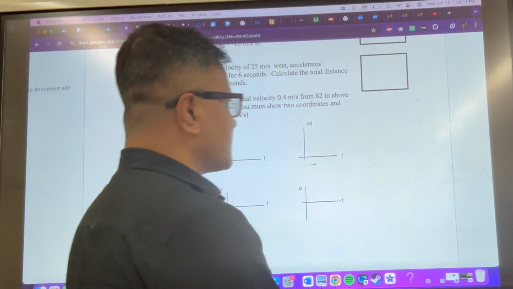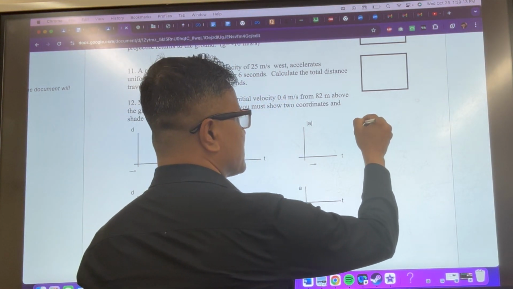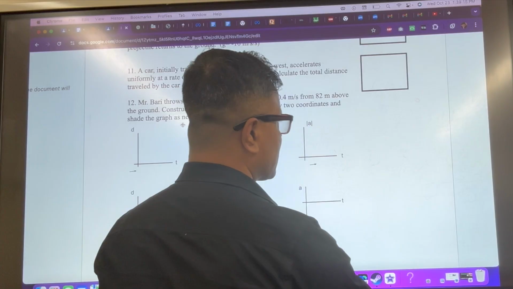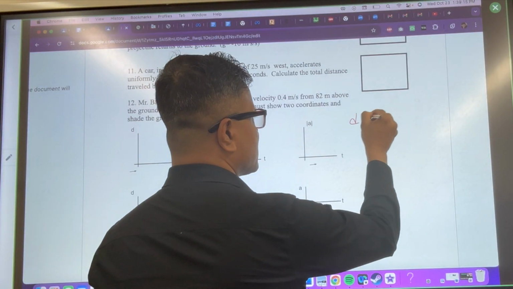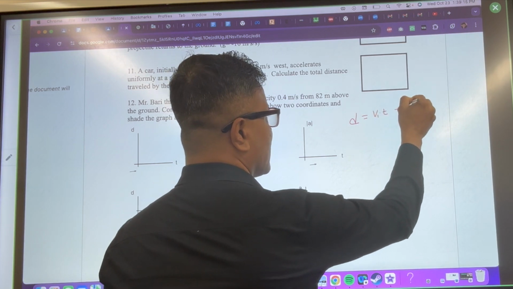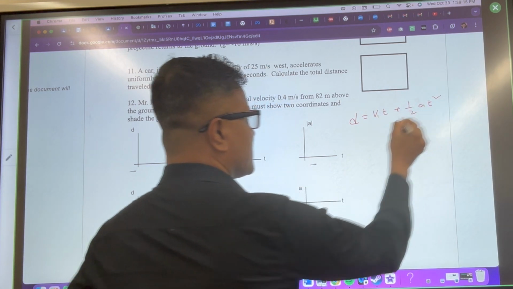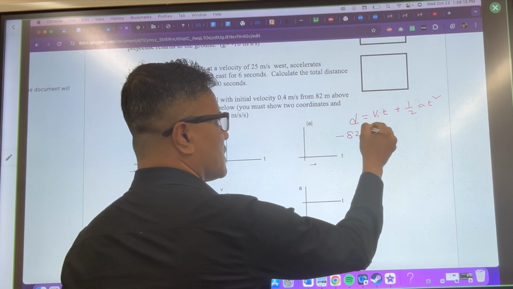All right, let's see. D is equal to vi t plus half a t squared. The building is 82 meters tall.